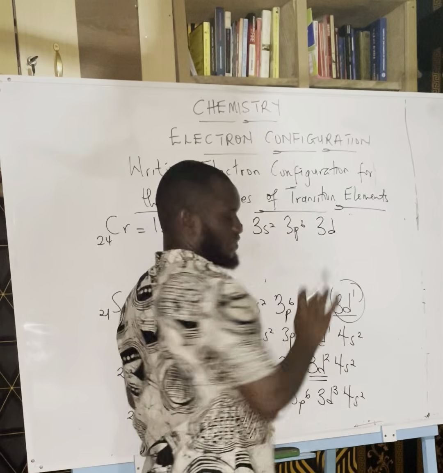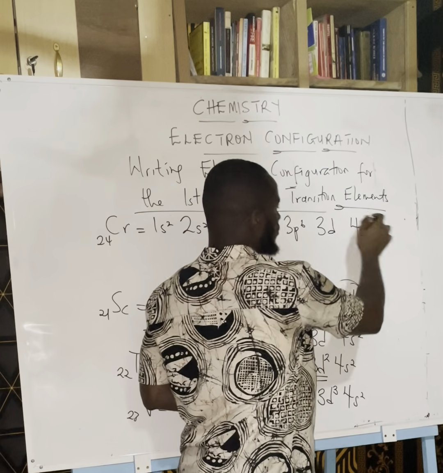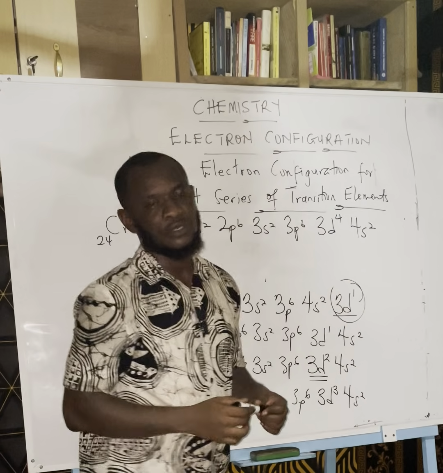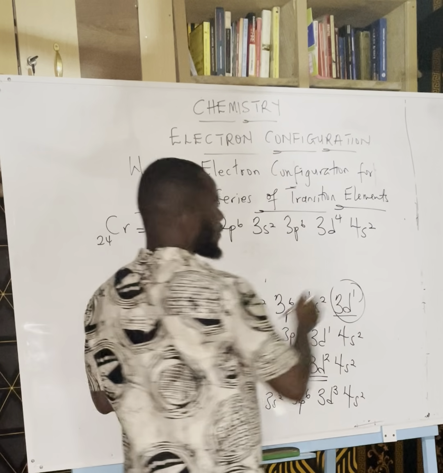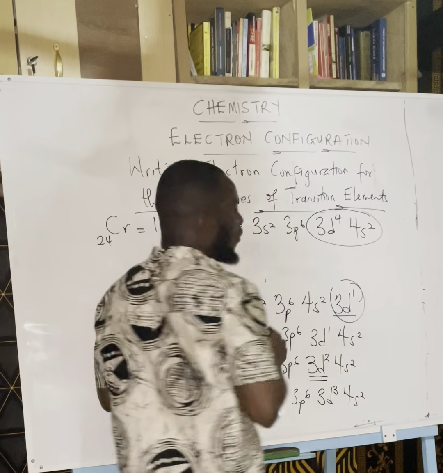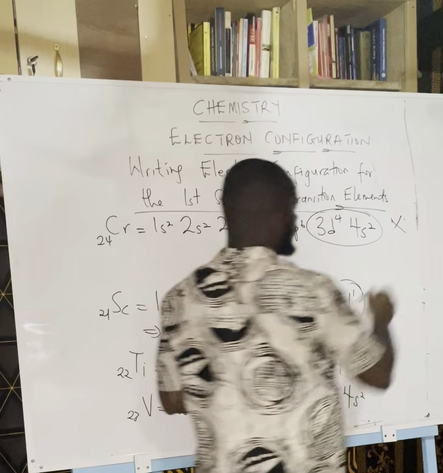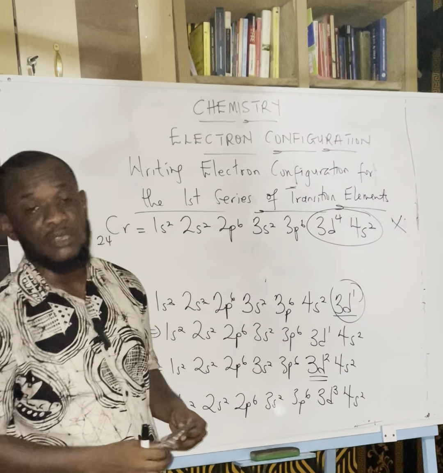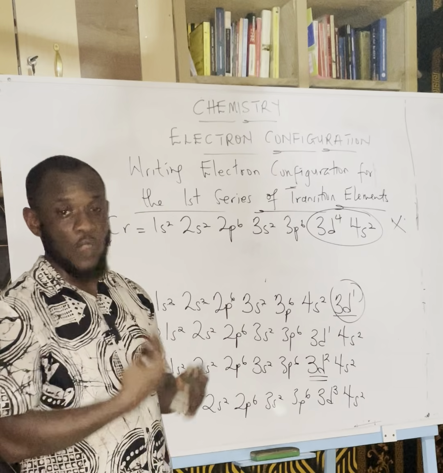Write the 3d, don't fill it. Go and fill your 4s2, and now come and fill the d. So for chromium, we are supposed to have 3d4 and 4s2, which in this case is wrong. This tells us that there is an exception when you come to chromium. What is the exception?